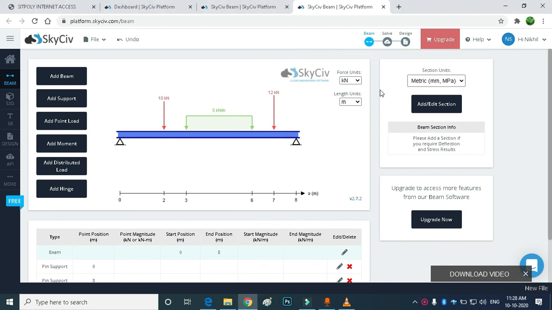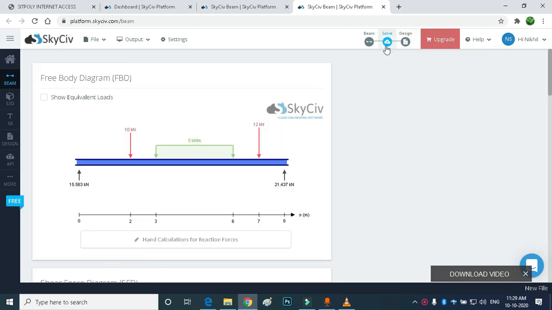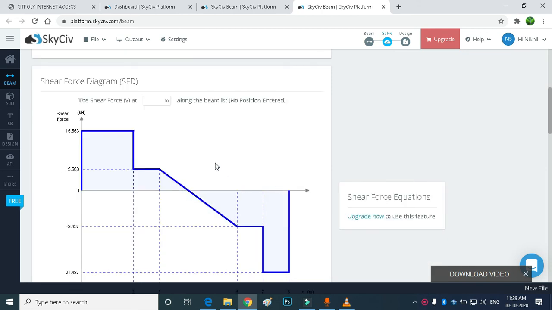Okay, so in this particular screen, when we go at the top side, as you can see over here, it is written beam, here it is written solve, and when you click at that solve, you will get the answer for this particular beam. So this is the loading condition of the beam. On the next page you will get the shear force diagram of the beam.